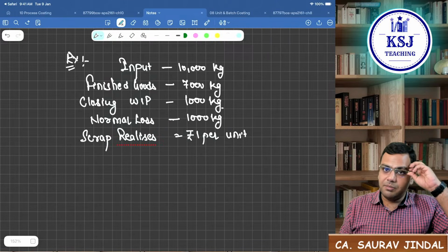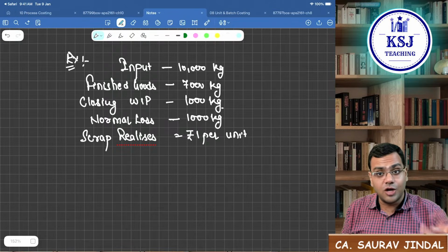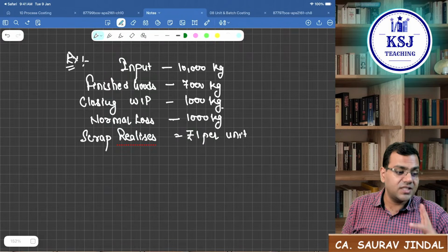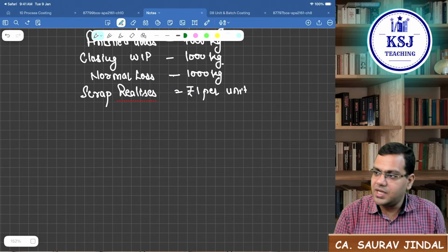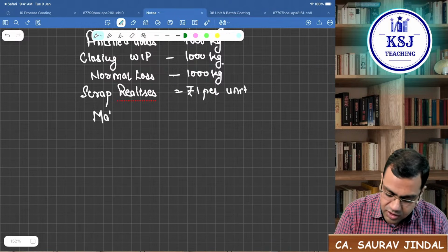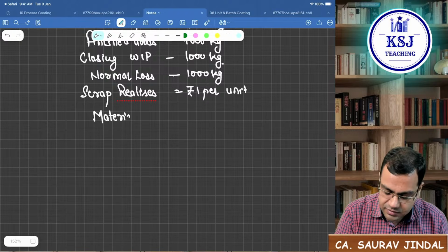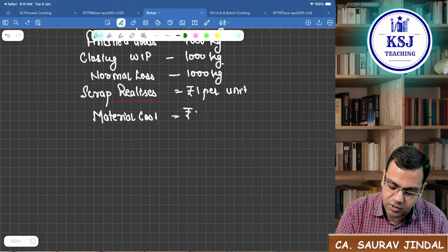Right, now it is not mentioned whether the scrap is only for normal loss or for both normal and abnormal loss. So it is for both normal and abnormal loss. Clear? Scrap realizes ₹1 per unit. Then it is given material cost incurred is ₹20,000.